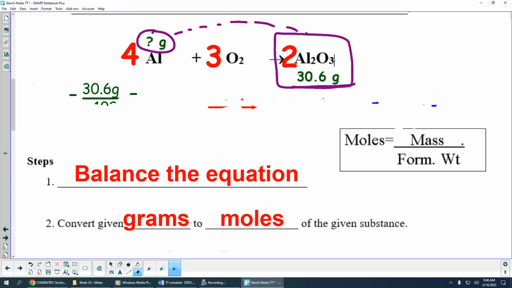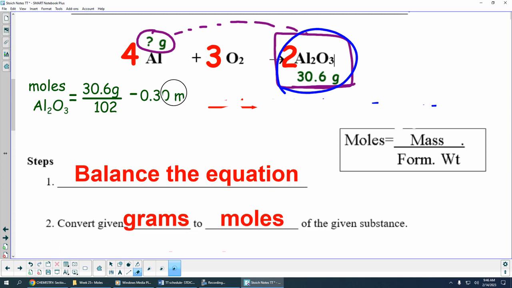Is it the 27, the 32, or the 102? Okay, so you were given grams of aluminum oxide, so I want moles of aluminum oxide. And if I want to solve for this, how do I solve for this? Divide 30.6 by 102. I know you can pop that in your calculator.